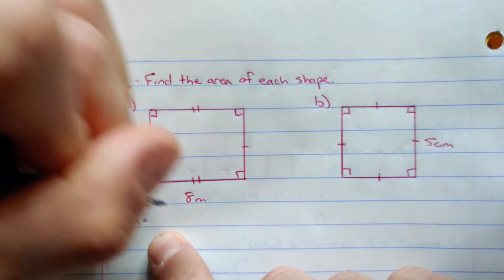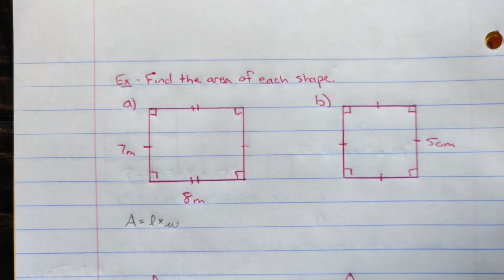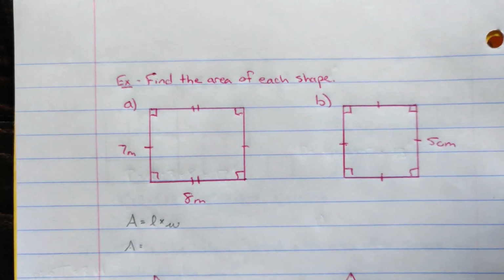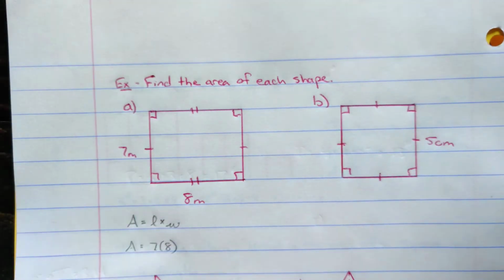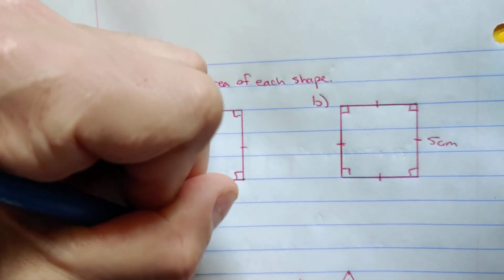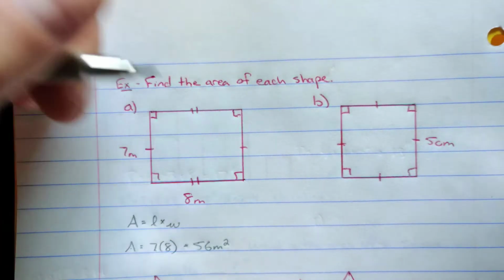Area equals length times width. We multiply the length by the width, and we get the area. We have 7 times 8 in this case, and so our area equals 56 meters squared.